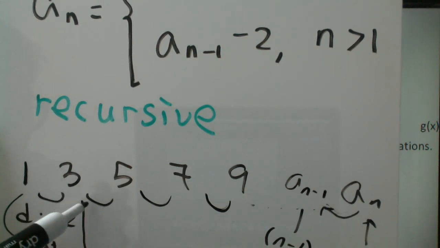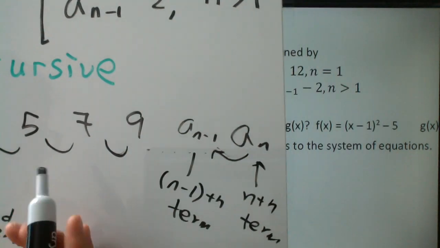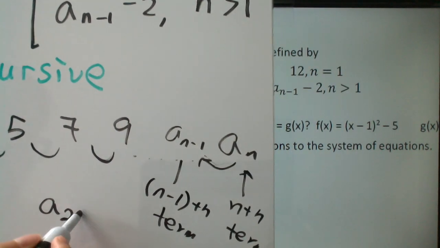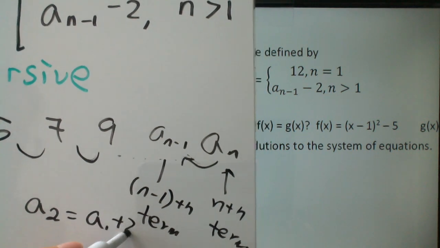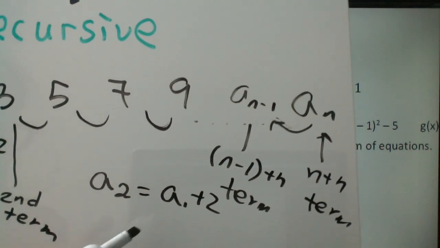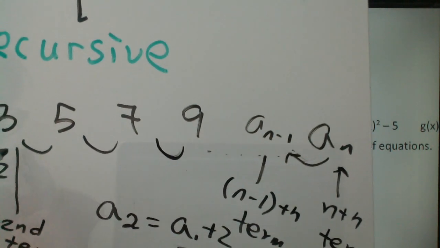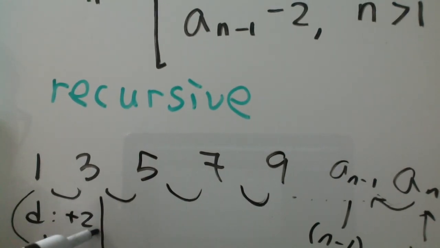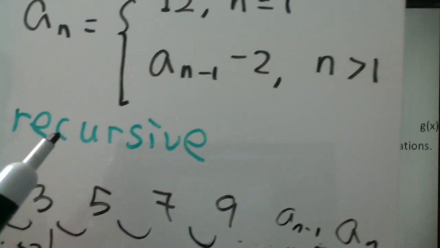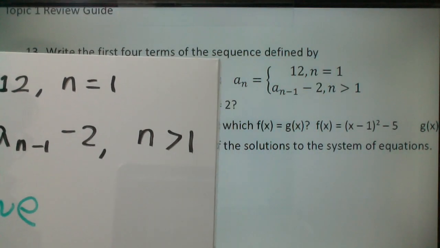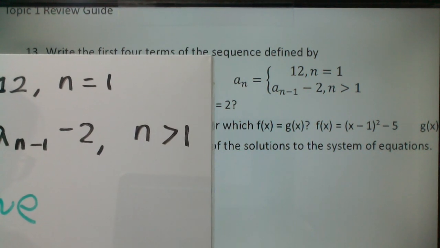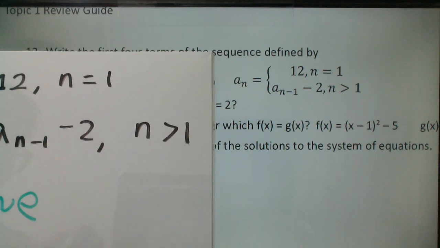If I want to get A2, I need to add 2 to the previous one. If I want to get 3, I have to add 2 to the previous one. That's what it means. This is the last term.